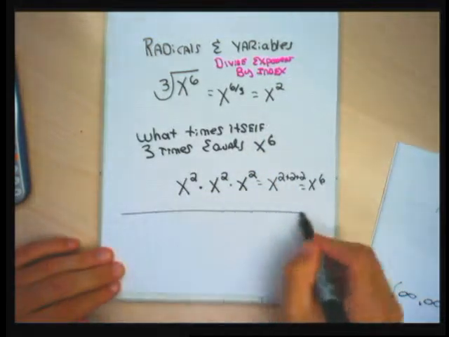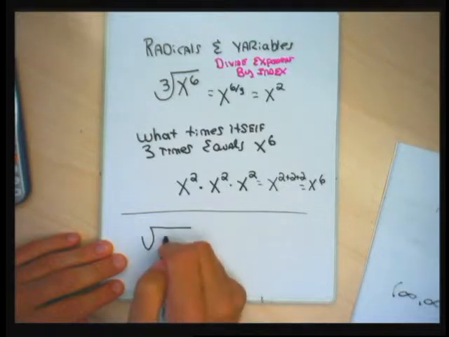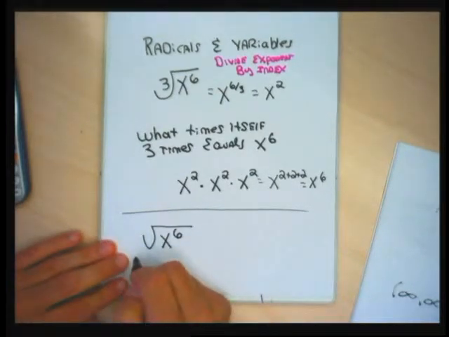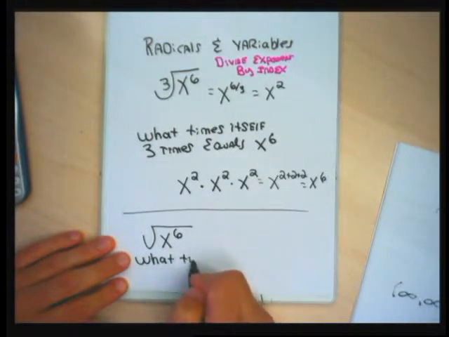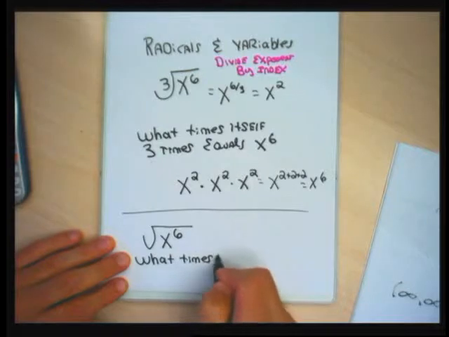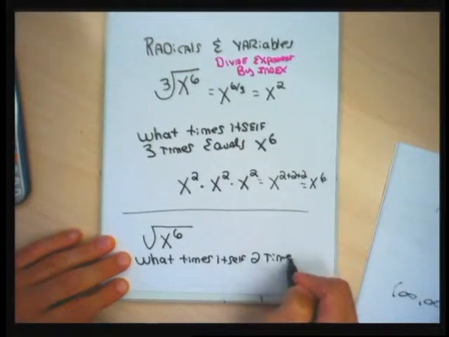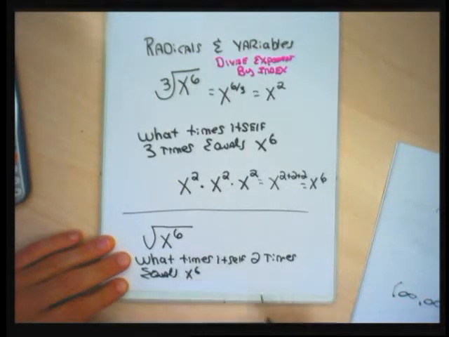If I did something like this, the square root of, I'll continue with x, the square root of x to the 6th, same number in some sense, but different. This asks me what times itself 2 times equals x to the 6th.